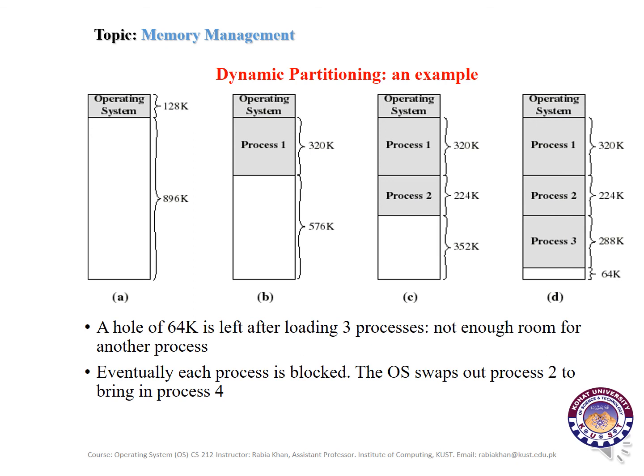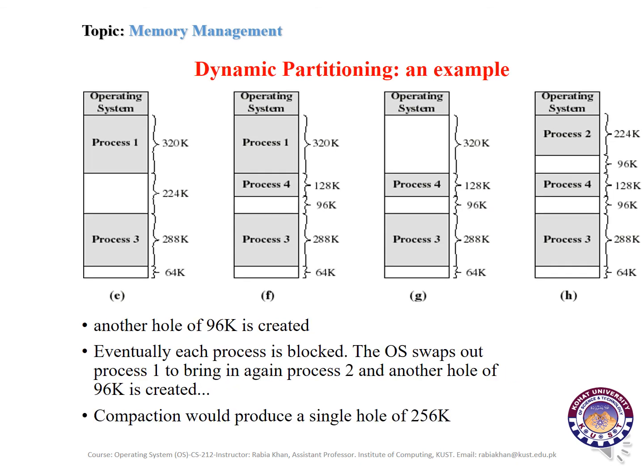In this case, for example, the operating system swaps out process 2. After swapping out process 2, a free partition of 224 KB is now available, as you can see in figure E. So process 4 is brought into this free space.